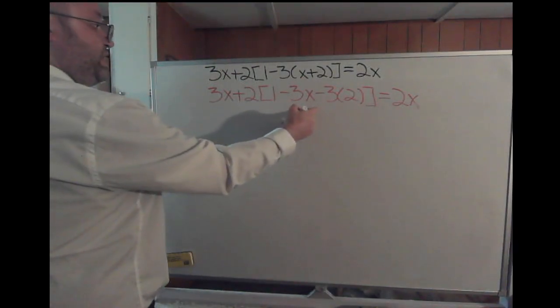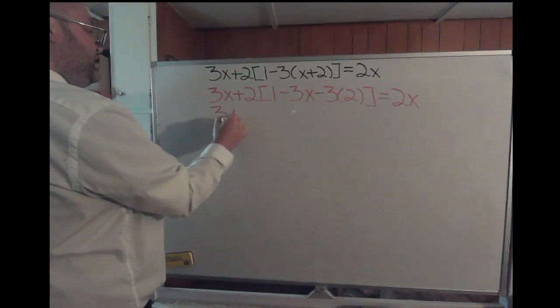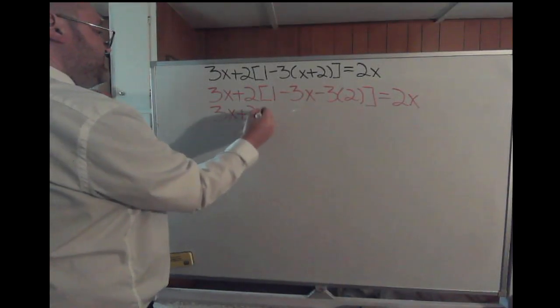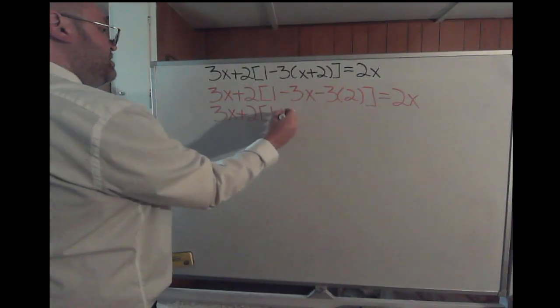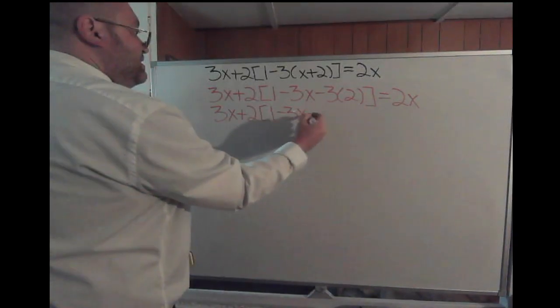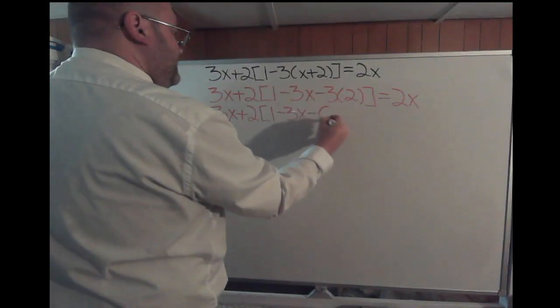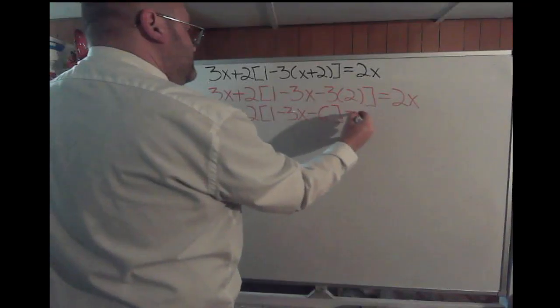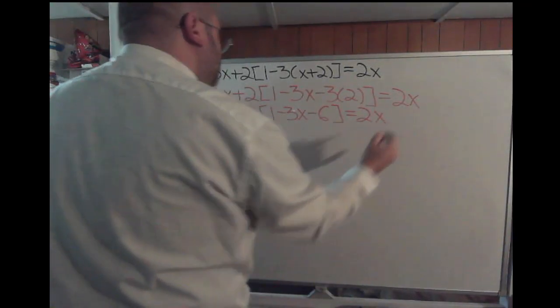So let's continue working in the brackets more to do that multiplication. You'll have 3x plus 2 times the quantity of 1 minus 3x. Minus 3 times 2 is negative 6 is equal to 2x.